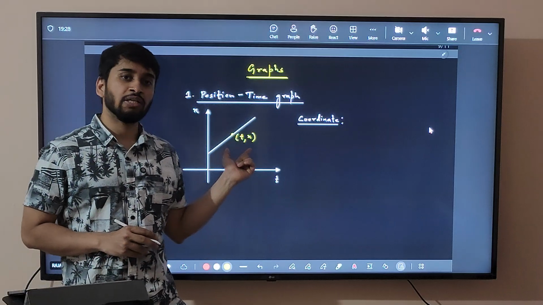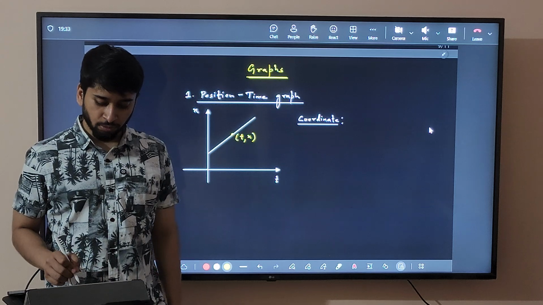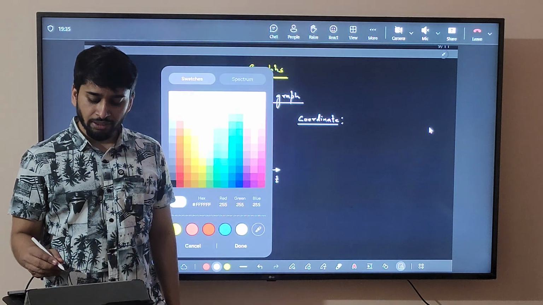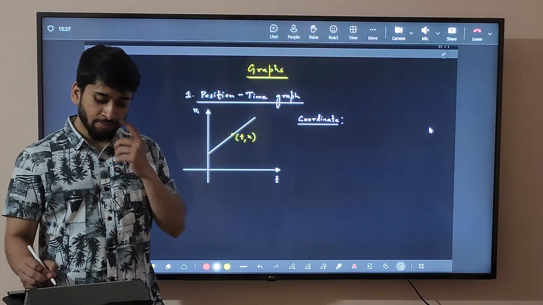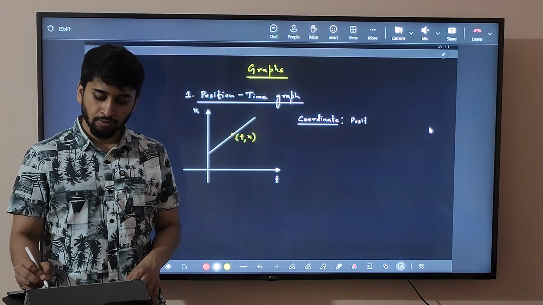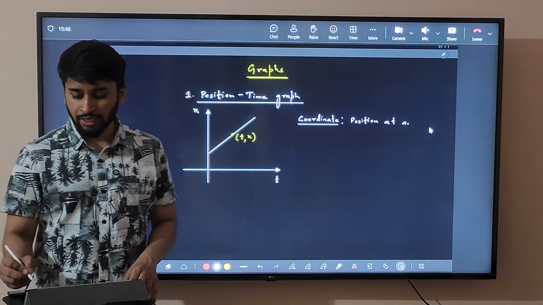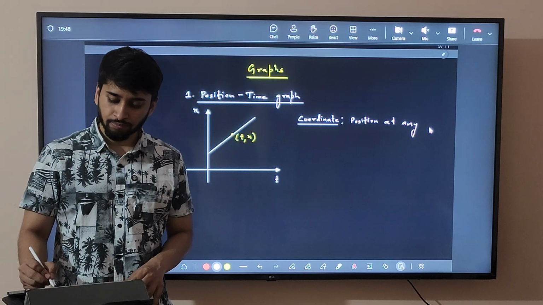So this will give you simply the position at any instant of time. So nothing too much here. Right. So here the coordinate gives position at any instant, right?